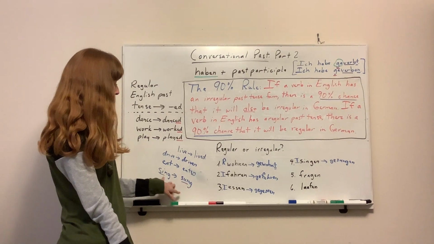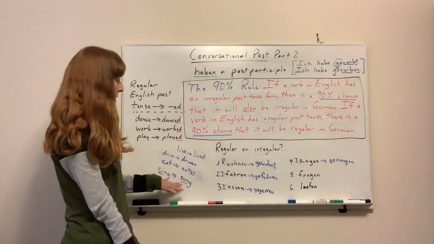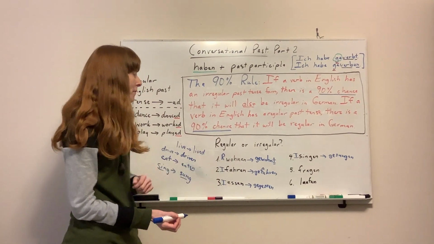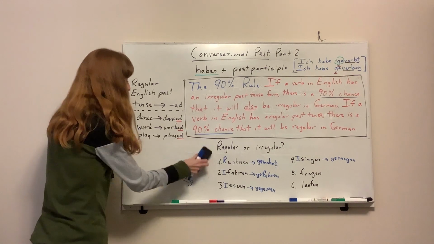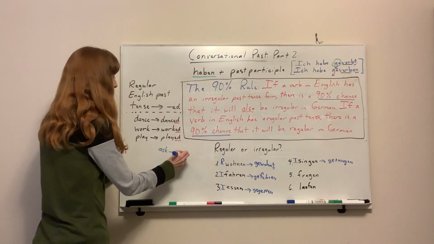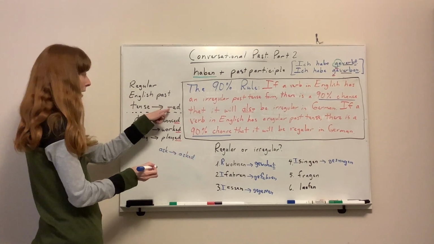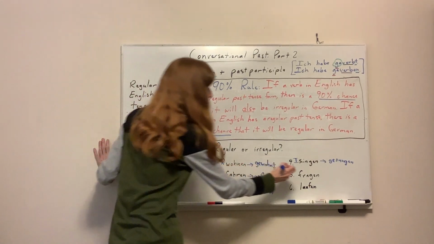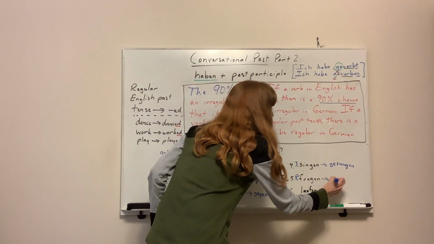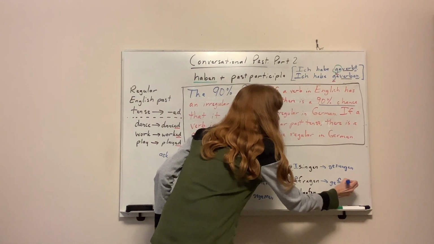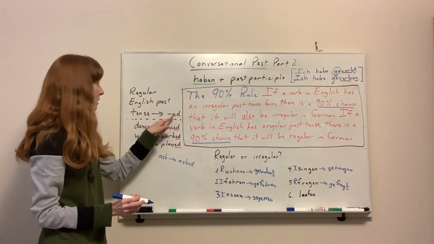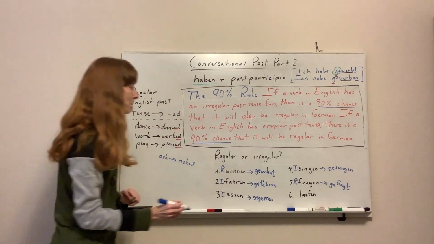So we can see some similarities here between English and German, how it may have separated years ago. Okay, fragen. Fragen is to ask. So let's see what it does in English. Ask, asked. It is regular. There's a 90% chance it will also be regular in German. And it goes to gefragt. It gets that regular ending that we have in English, ed, which becomes a T in German.